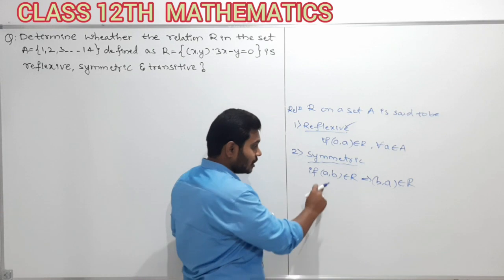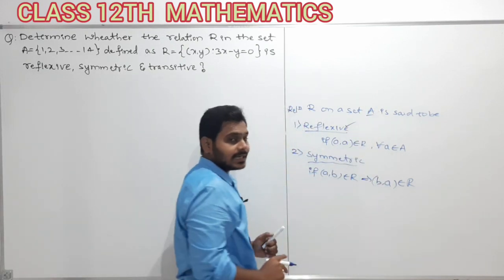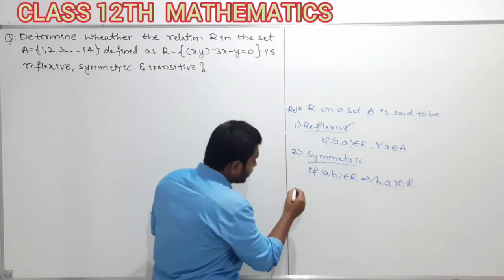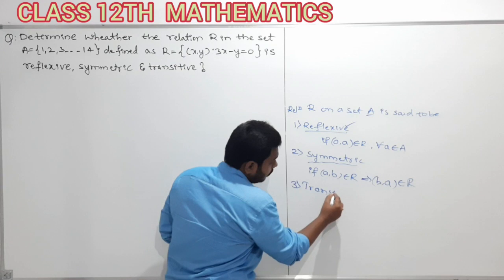If so, then such a relation we can call a symmetric relation. And here also a, b should be contained in the set A. And next, my dear students, third one is transitive. So what is transitive?